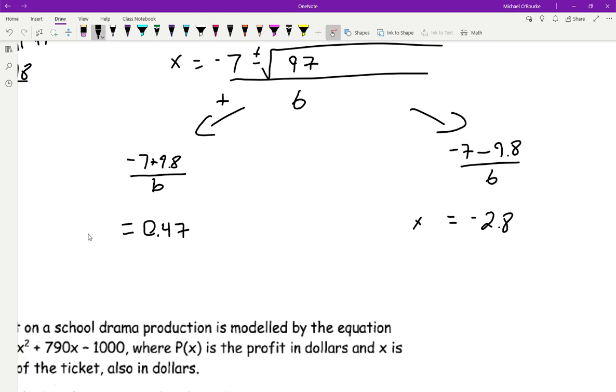So there's my roots for that equation. Where did I get 9.8 from? The square root of 97 is 9.8.